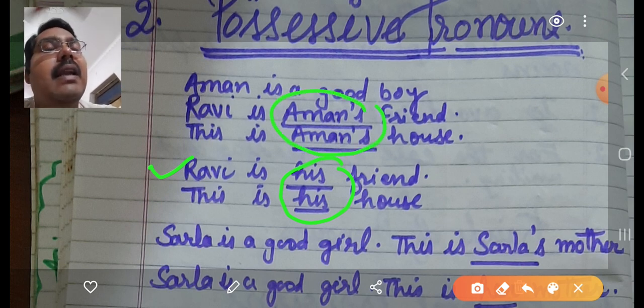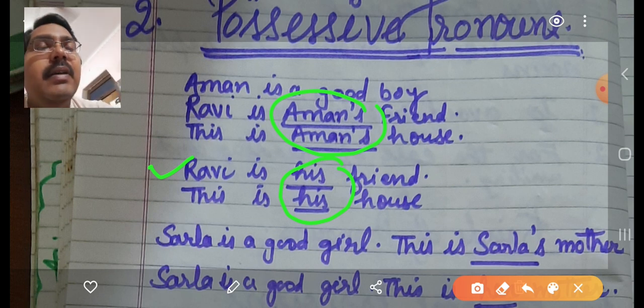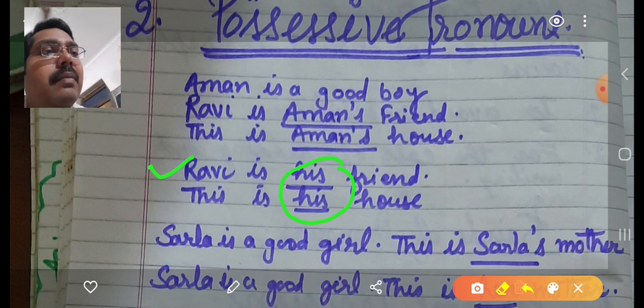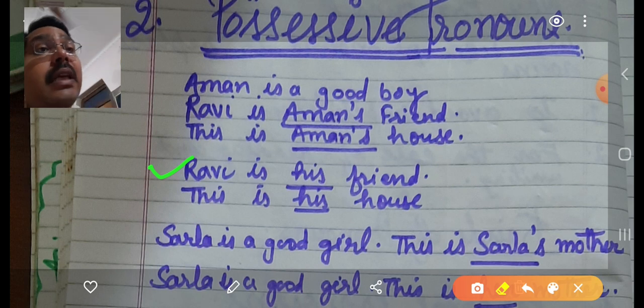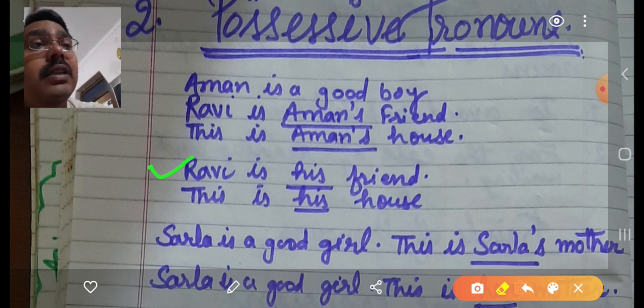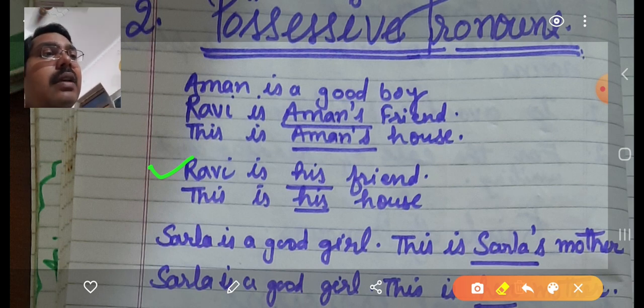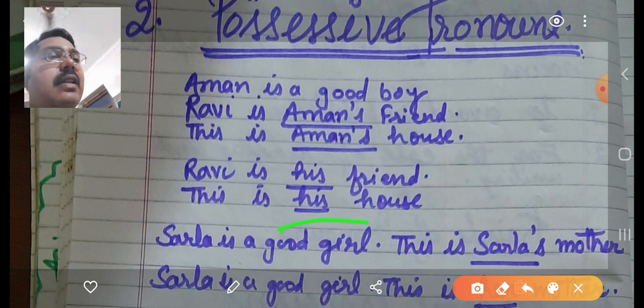When we add apostrophe s to Aman, it becomes a possessive noun. And the pronoun we use for Aman is he, and for he the possessive pronoun is his. So we are using his for Aman's. This is clear to you.